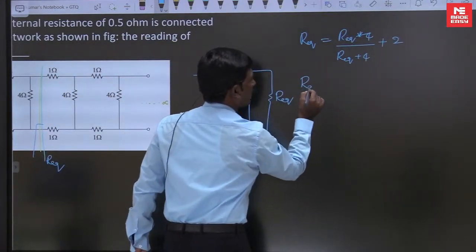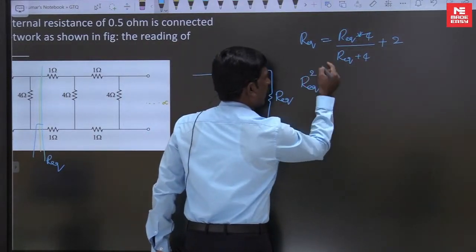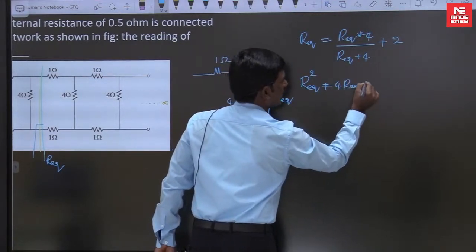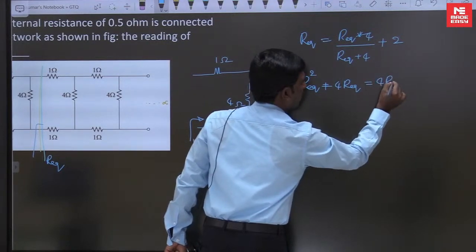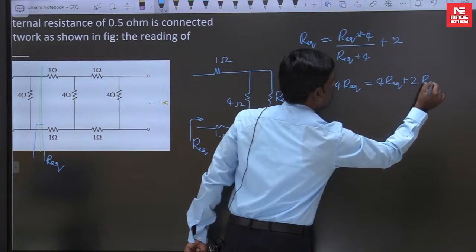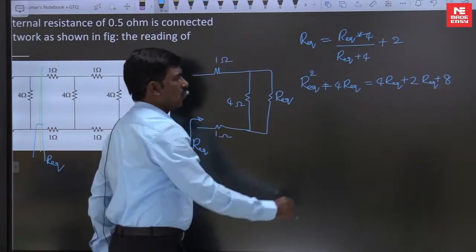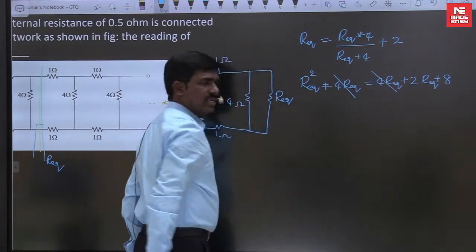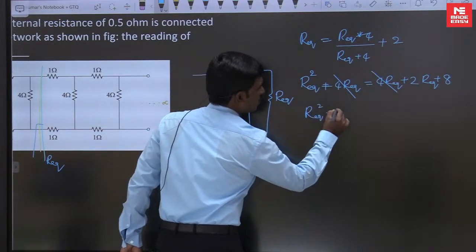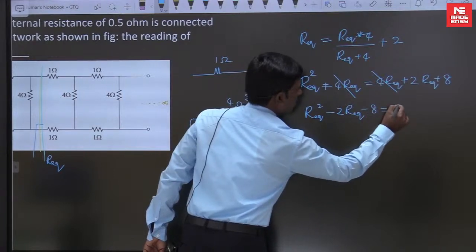So R equivalent square plus 4 R equivalent is equal to 4 R equivalent plus 2 R equivalent plus 8. Now 4 R equivalent gets cancelled. R equivalent square minus 2 R equivalent minus 8 is equal to 0.